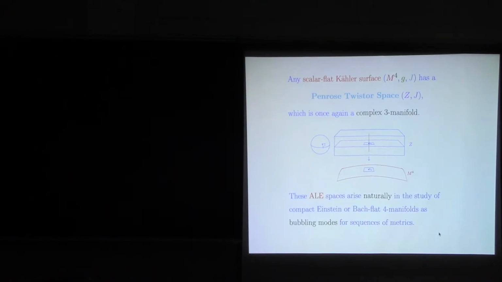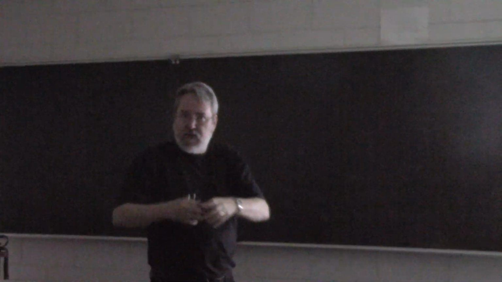All right. So these spaces have turned out to arise very naturally in a lot of problems in the Riemannian geometry of compact manifolds when you're looking at sequences of Einstein metrics or solutions of a weaker equation called the Bach equation. Then these kinds of metrics arise as bubbling nodes. When you have concentration of curvature, you change the scale, you zoom in and see what's going wrong.